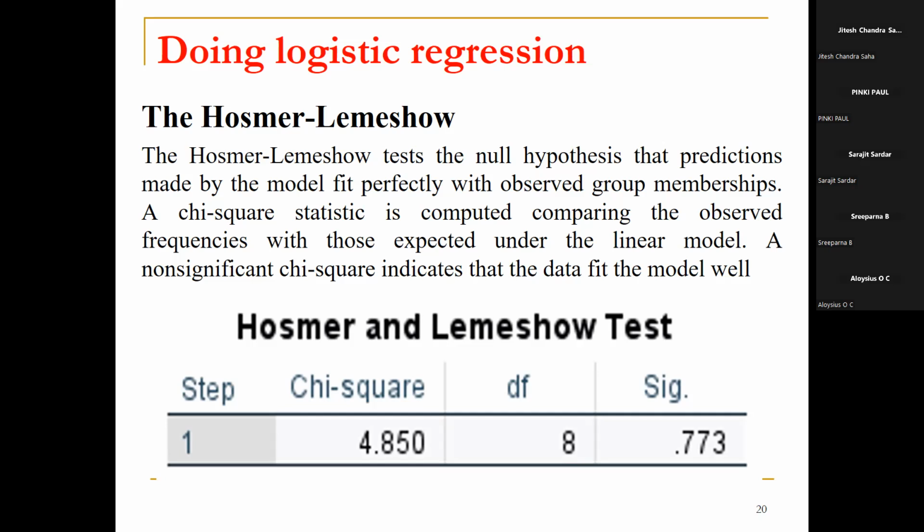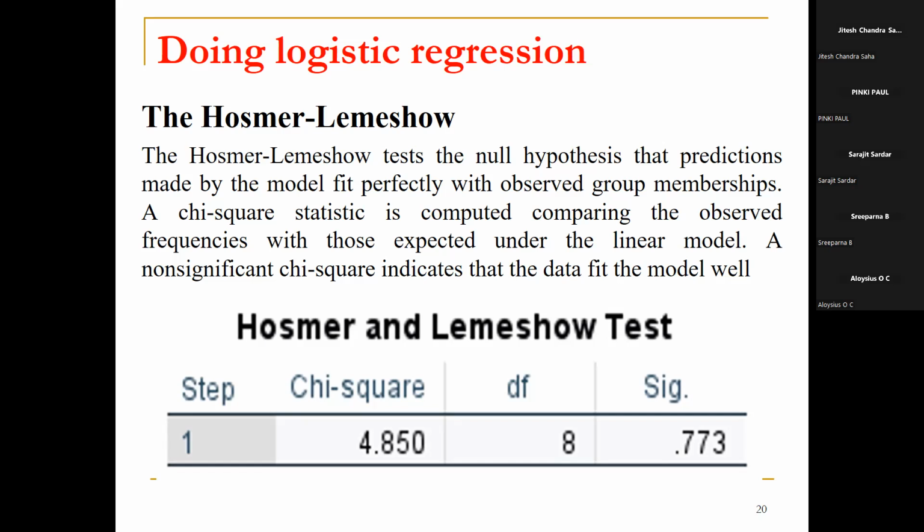If the significance value is greater than 0.05, your model has significantly predicted the classes of the dependent variable correctly. In our case, the significance value is 0.773, which is greater than 0.05.